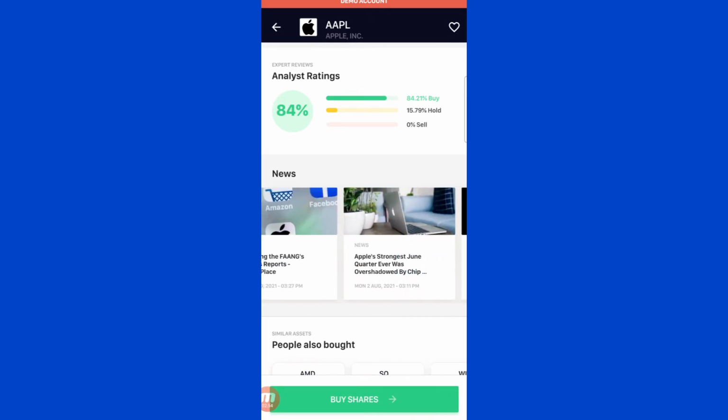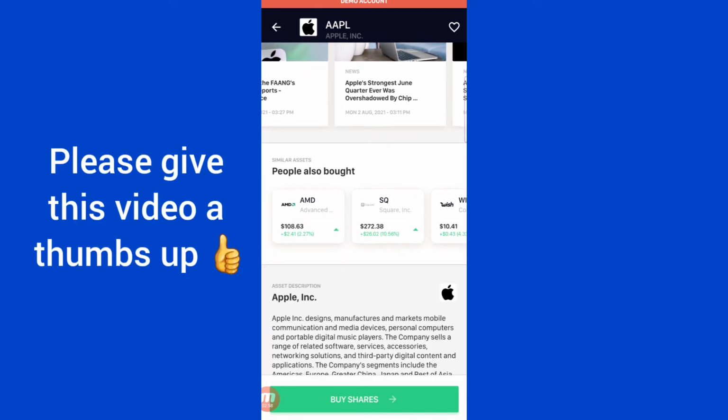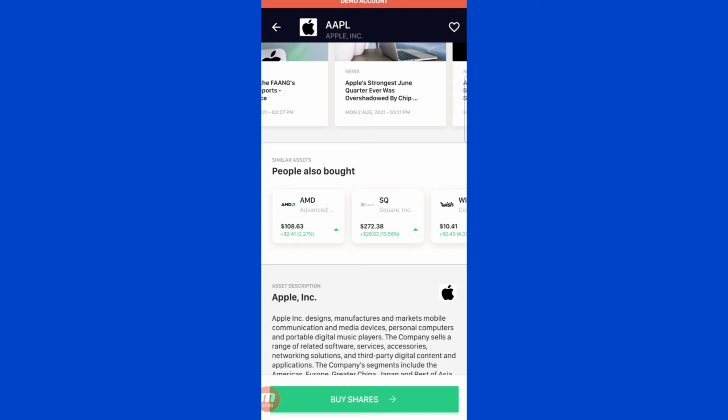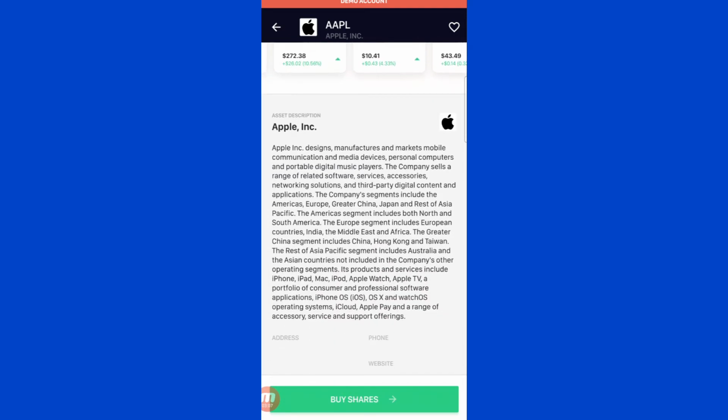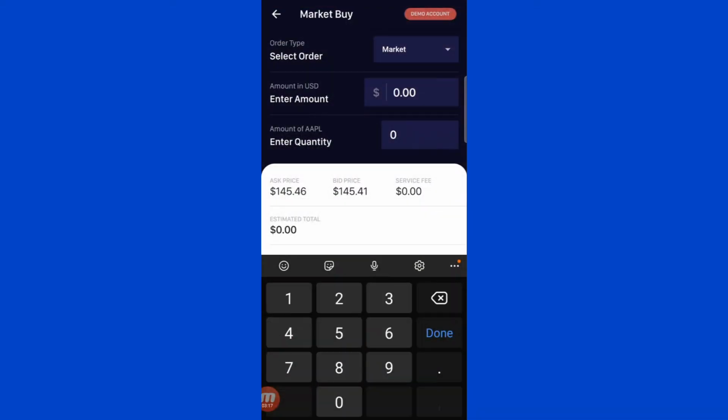Just keeping yourself updated, right? And obviously people that bought Apple stocks also bought these similar stocks. Yeah, that's pretty much it. And going further down, they give you a short description of the Apple shares, right? So let's just go ahead and click on buy shares.